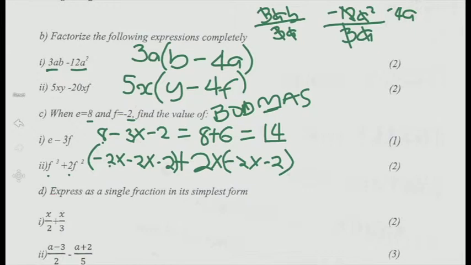Positive 4 times negative 2 will give us a negative 8, plus this 2 here. Negative 2 times negative 2 will give us a positive 4. So negative 8 plus 2 will give us negative 6 plus 4, and negative 6 plus 4, the answer is negative 2. Moving on to D.